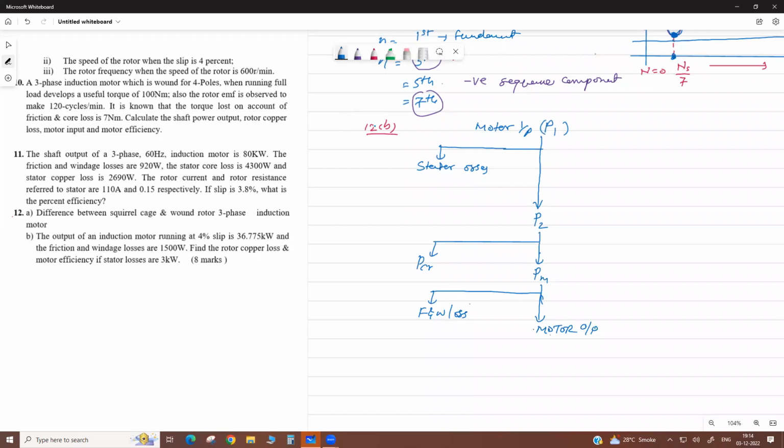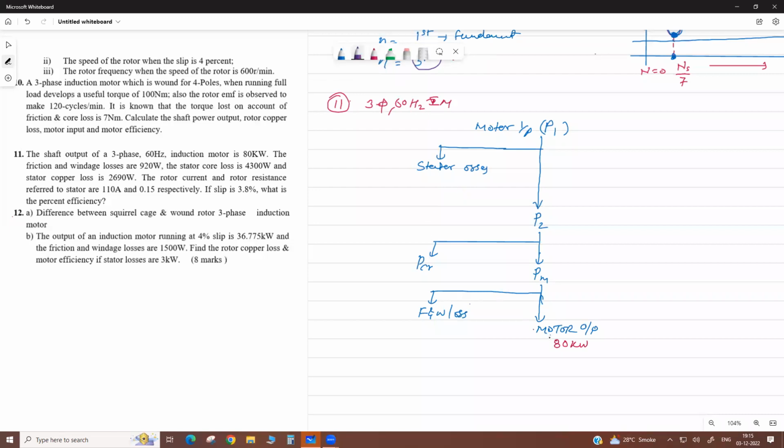Okay, now next, 11. Now here we solve the 11th question. Here the shaft output means motor output. Here it is given as 80 kilowatt, three-phase, 0.920, 60 hertz.